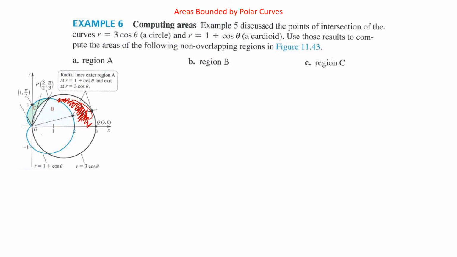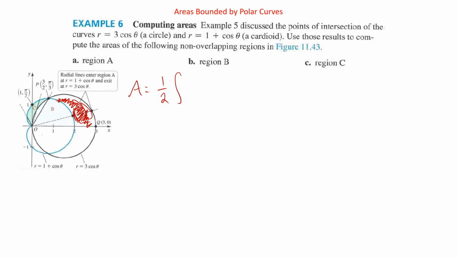That line was just showing us what the outer one is minus the inner one. The outer one is the circle. The inner one is the cardioid. So to find the area of region A, we're going to have 1/2 the antiderivative.